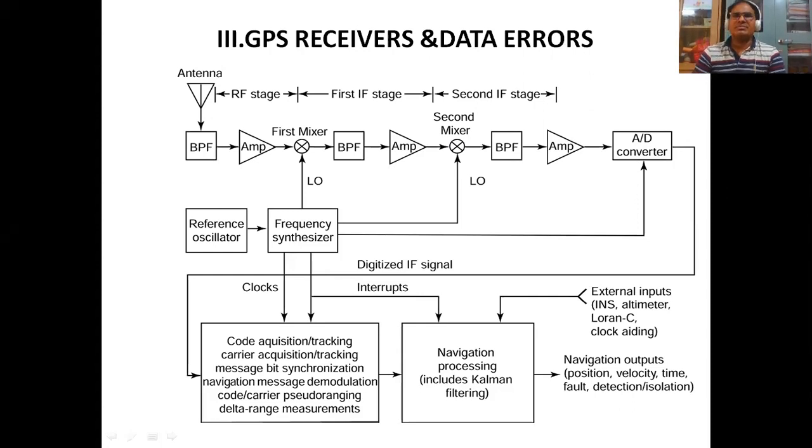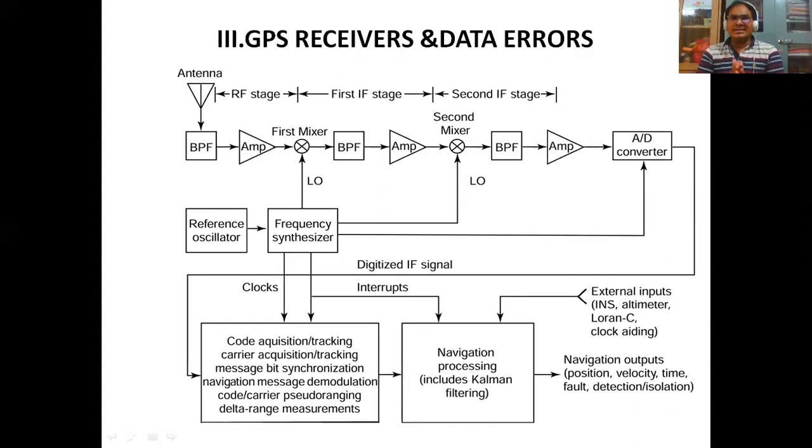Right? So from understanding the basics of the global positioning system, we came to know that the GPS receiver is a passive only system. That is, it is not going to transmit any signals. Rather, it is just receiving the signals that are sent by the satellites of the GPS constellation.